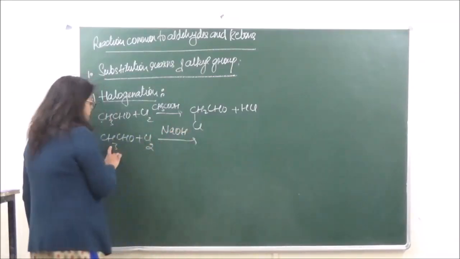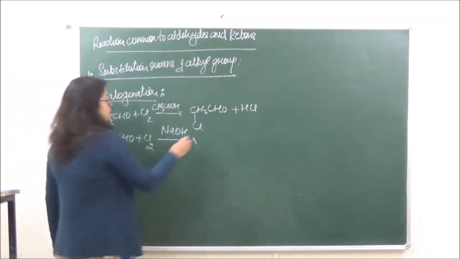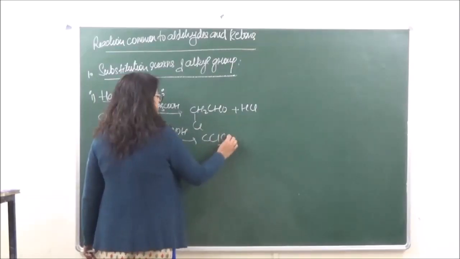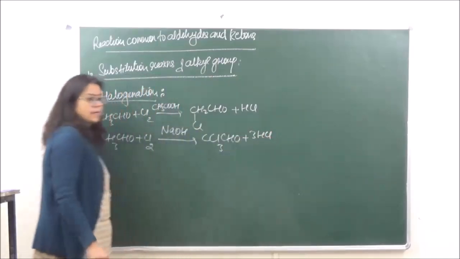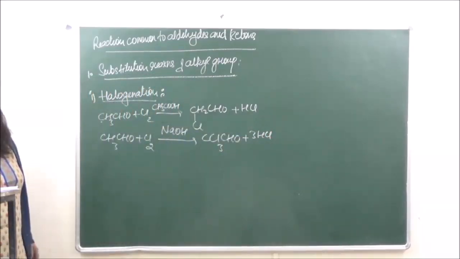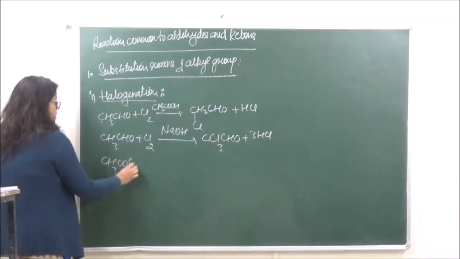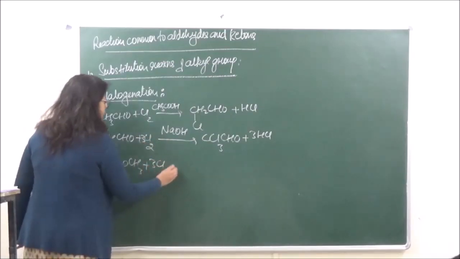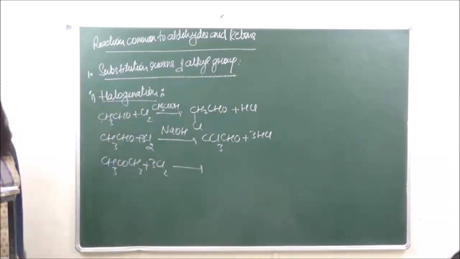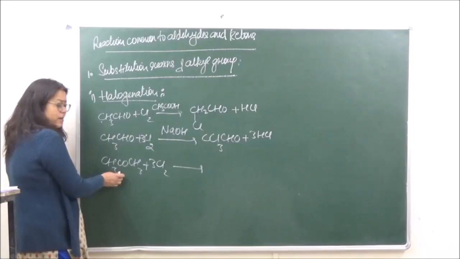We will see that all three hydrogens over here are going to be substituted, such that we get CCl3CHO plus 3HCl. And if we take a ketone over here, again with excess of chlorine, as you can see there are two alpha carbons, so there are 6 alpha hydrogens.